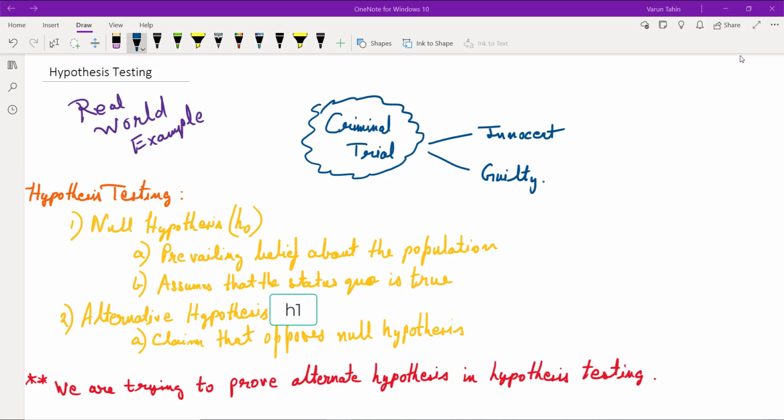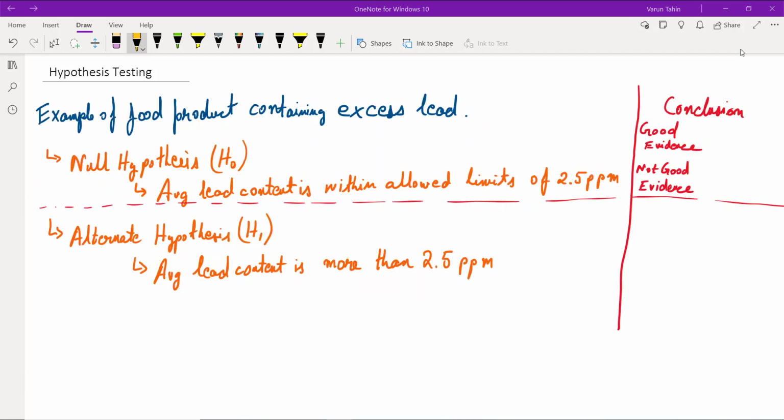Until then, he is innocent. So the prevailing belief or the status quo is innocent. So this becomes H0 or the null hypothesis, and just the opposite of this, guilty, becomes the alternative hypothesis. And as hypothesis testing says, we are trying to prove the alternate hypothesis, which is, we are trying to prove him guilty.